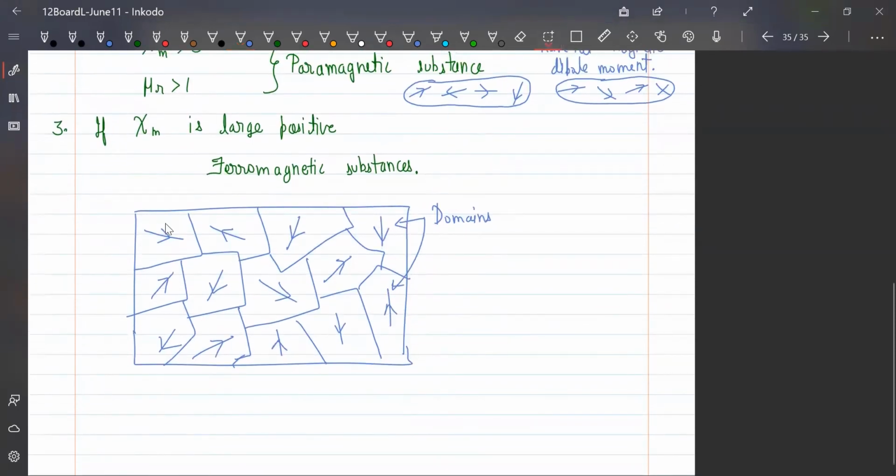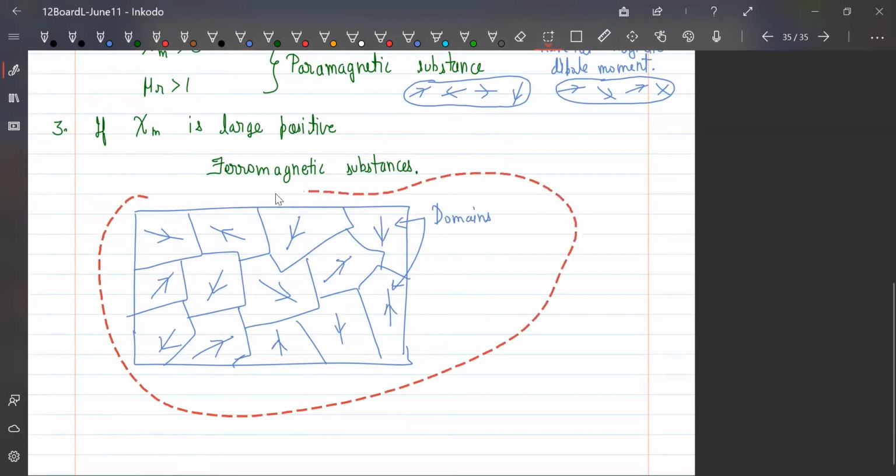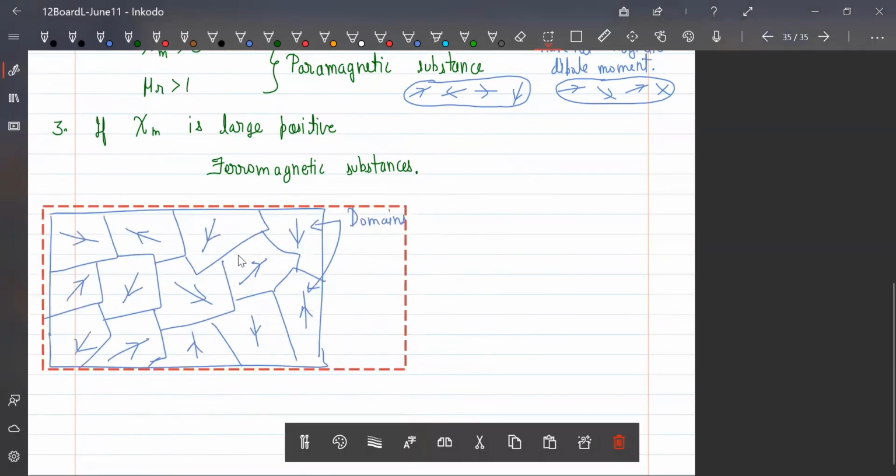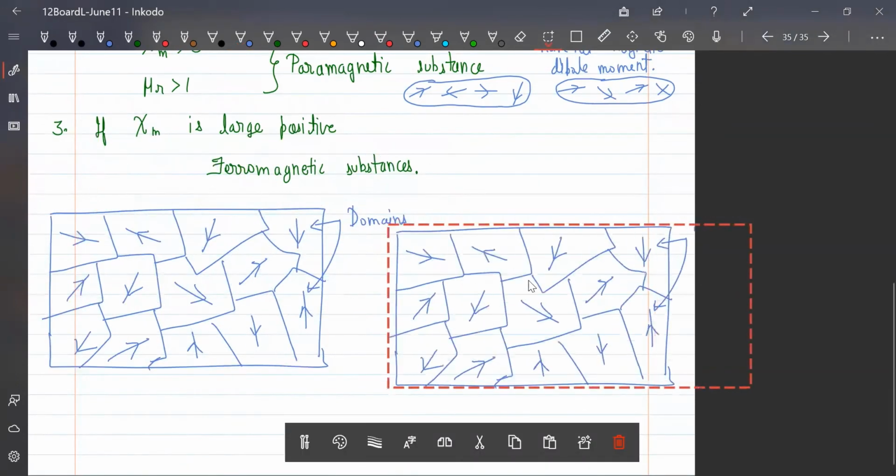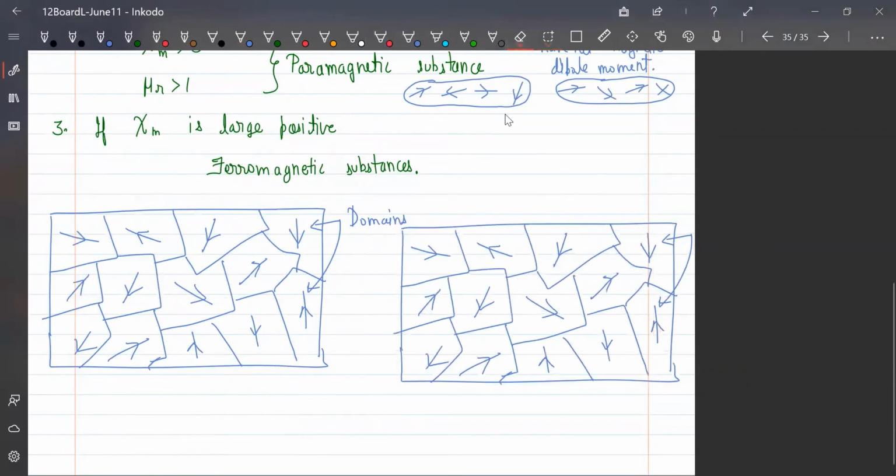And when you apply a magnetic field to this, all of the domains start to align themselves. Actually, we can go deeper, there is a lot of content, but it is not in your syllabus, so I will not be going much deeper. Just remember these lines that I am saying.